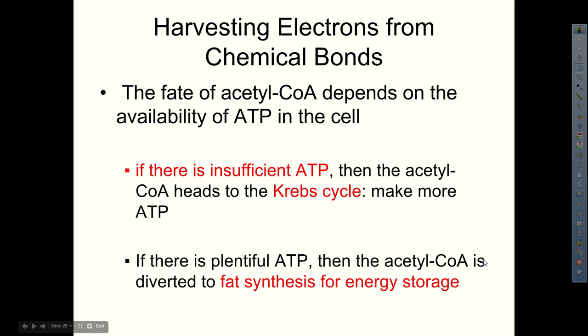So basically, if your body is under stress, you're doing some kind of physical activity, your body is going to create ATP. And so the acetyl-CoA will go into the mitochondria, and it'll continue to the Krebs cycle and make more ATP.